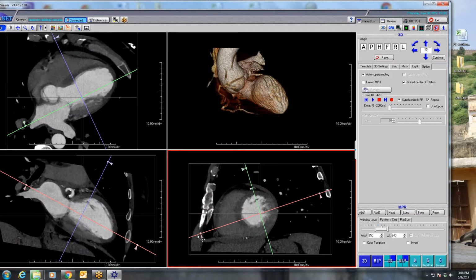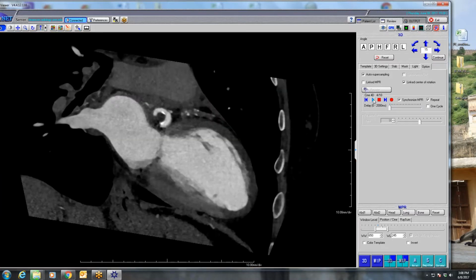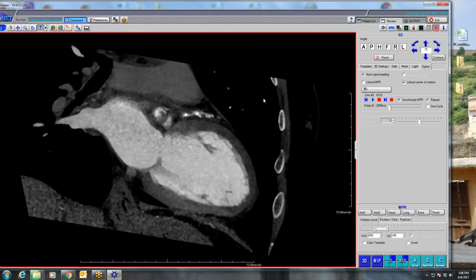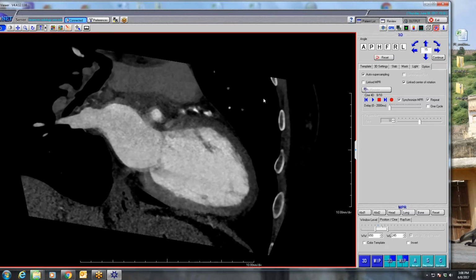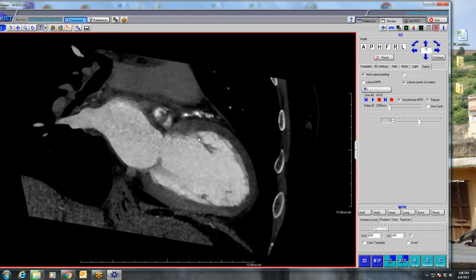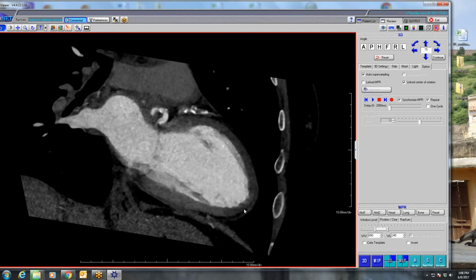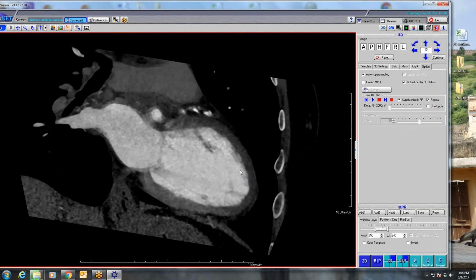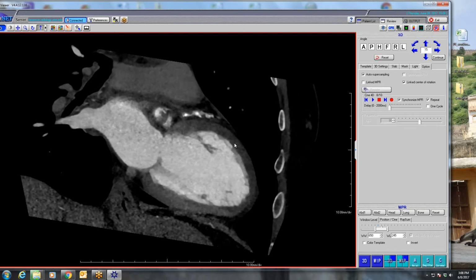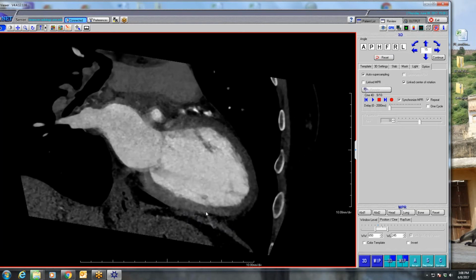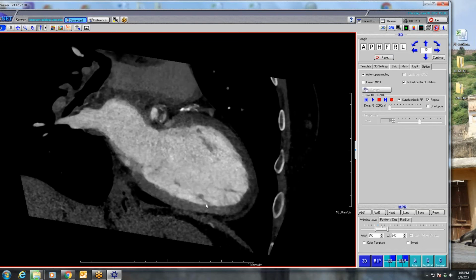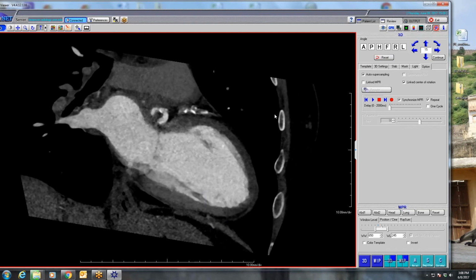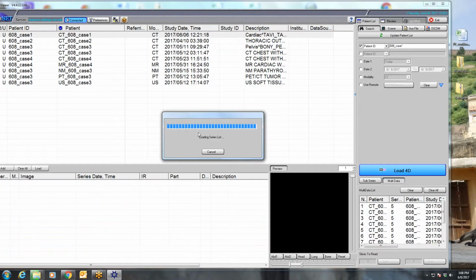In terms of motion, you can see here very nicely that there is no motion in the LAD territory all the way around to the apex. This is all LAD territory. You can also notice that the myocardium is relatively hypoattenuated compared to the RCA territory inferiorly, which is pumping pretty good. So I thought that was pretty cool.